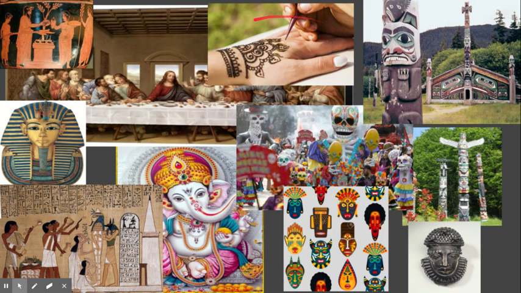We have henna tattoos, which are very popular in Indian culture. They're used at a lot of different types of celebrations, a really popular one being weddings. We have Native American totem poles, and you can see how much character is in each part of the totem pole. That's because it represents the different ancestors that have been in a tribe and in a family.